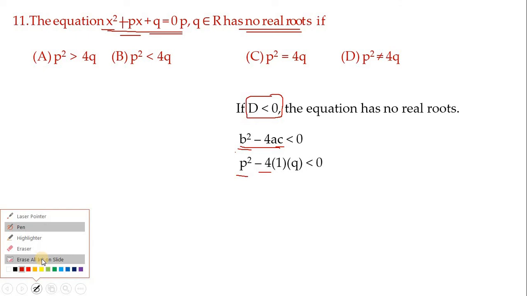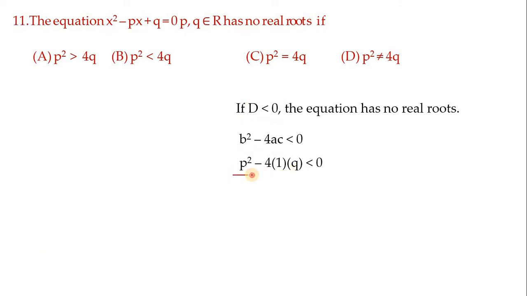So I repeat again: b square means p square, minus 4ac means minus 4 into 1 into q. Now multiply this. Minus 4 into 1 is minus 4 into q is minus 4q. Now this minus 4q transfer this side, we get plus 4q. So p square is less than 4q. So this is our answer.